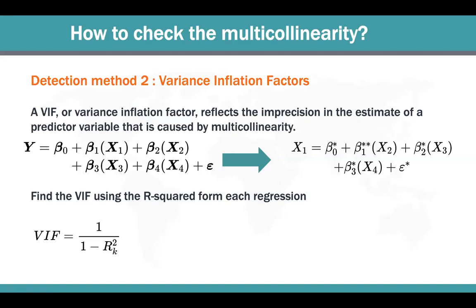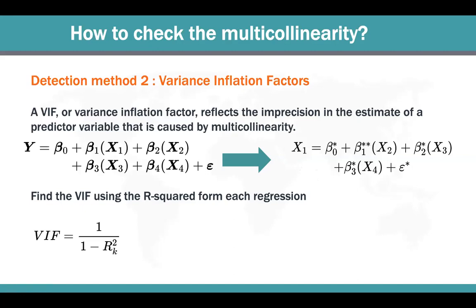What we need to know is how much X1 is being explained by the 3 other X variables. Here we don't have Y anymore. We put X1 as the dependent variable and see how X2, X3, and X4 may affect it. And of course, we need to find the R squared.